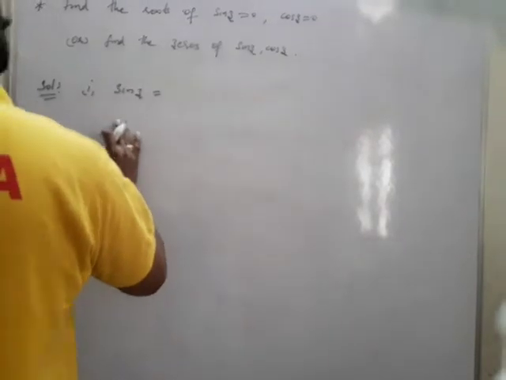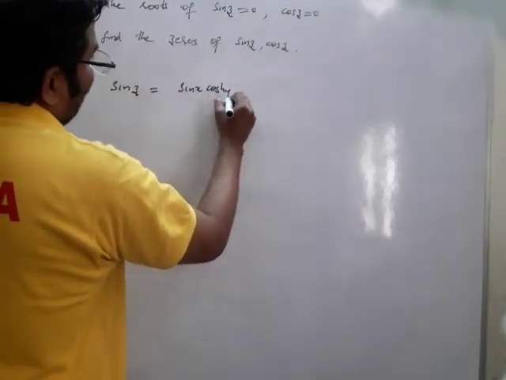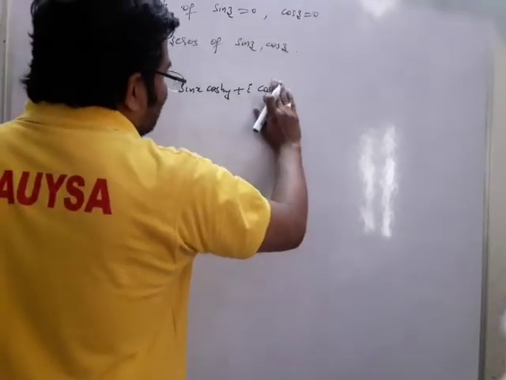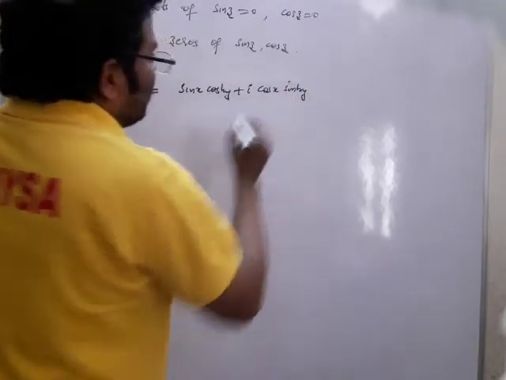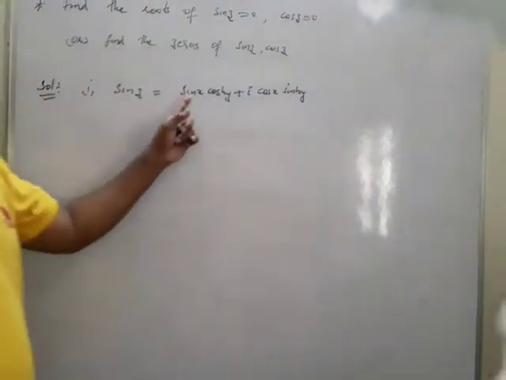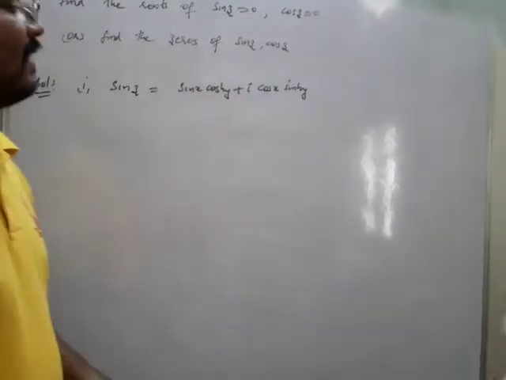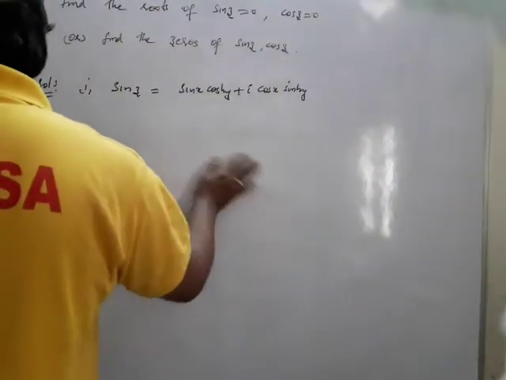Sine z, just now we have written, is nothing but sin x cos hy plus i cos x sin hy. From the previous problem we can write sin x cos hy plus i into cos x sin hy. This is from the previous problem we have done.